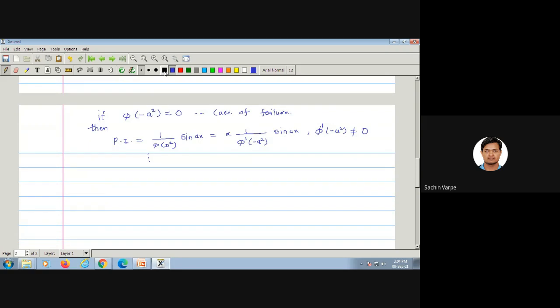And the same thing for cos we are having. So the second formula I'm directly writing now: 1 upon phi of d square operated on cos ax, or cos of ax plus b, can be written as 1 upon phi of minus a square, cos of ax, provided that phi of minus a square must be non-zero.